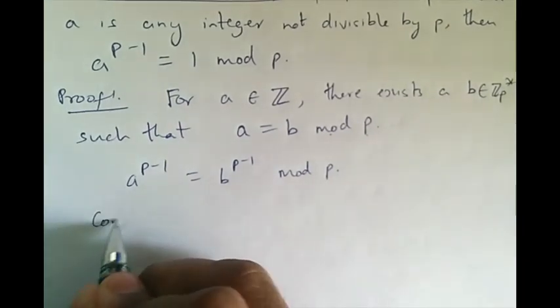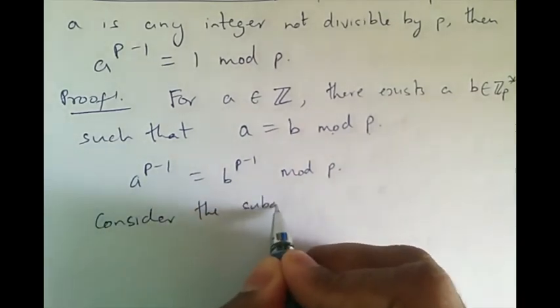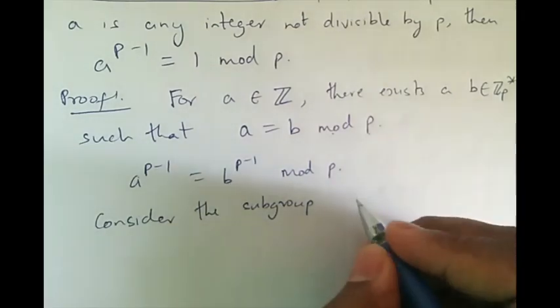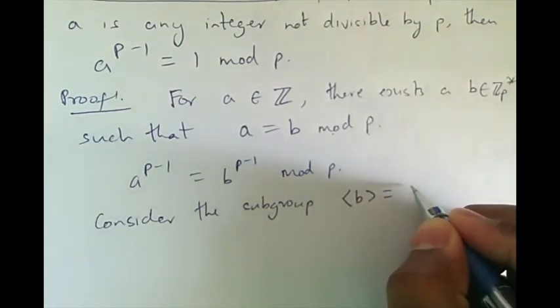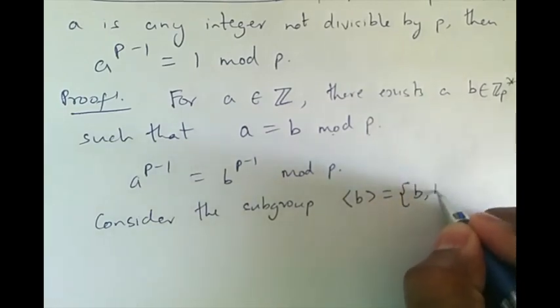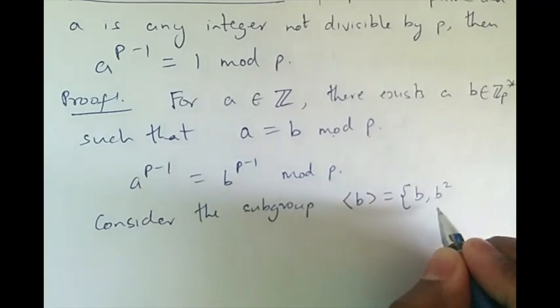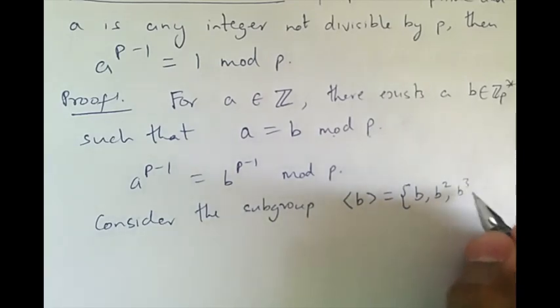So consider the subgroup angle bracket b, which consists of the elements b, b square modulo n. So I'm skipping the modulo n here. The operation implicitly means that we are doing the group operations here. If I just write b square, it means we're doing the modulo n, and b cube and so on.